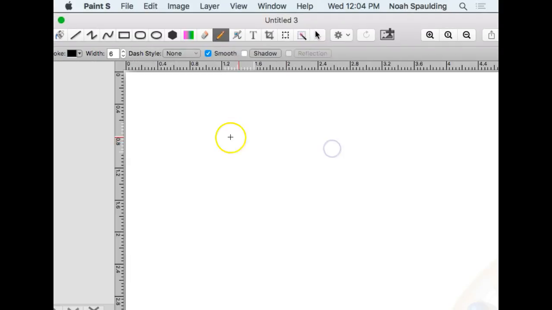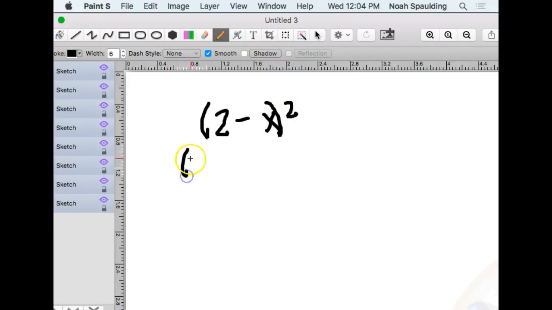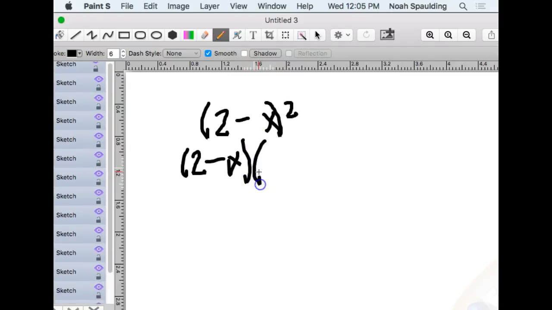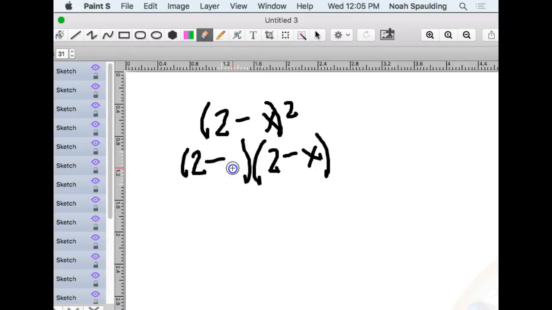All right, so let's try one. Let's try 8b. Okay, so 8b, we have 2 minus x squared. Again we can expand that, so it becomes 2 minus x times 2 minus x.